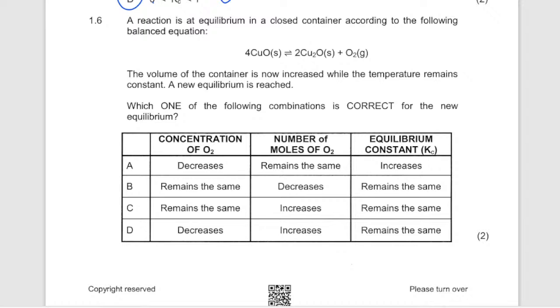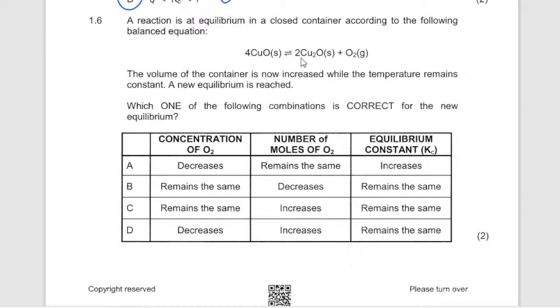The next question, they are saying that the reaction is at equilibrium in a closed container according to the following balanced equation.